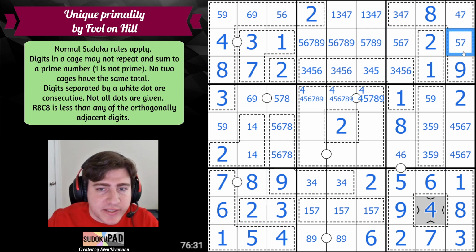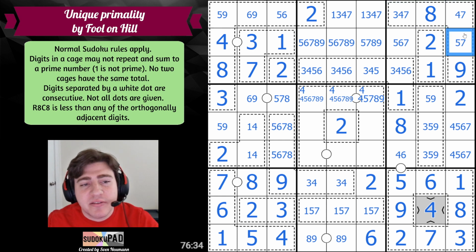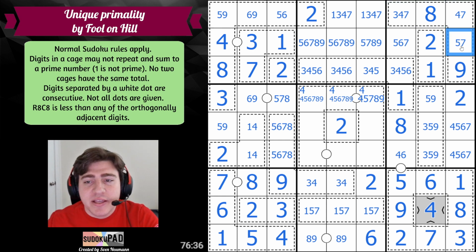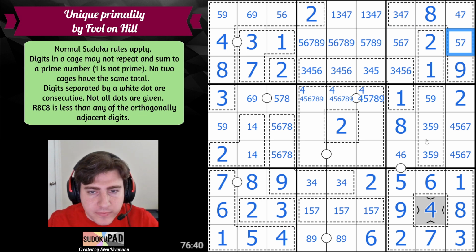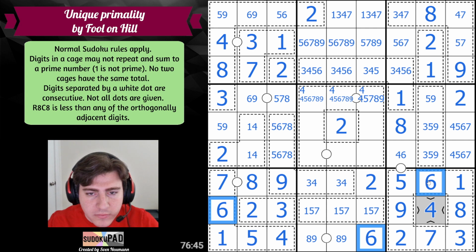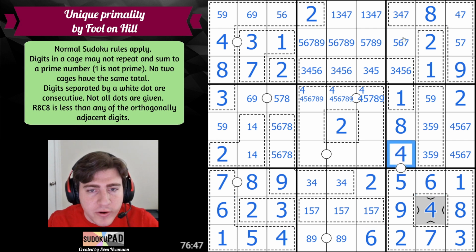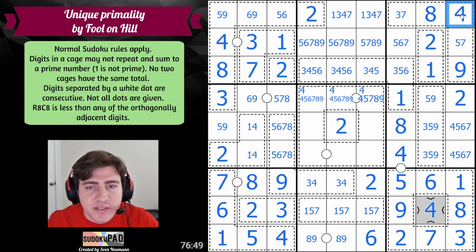I said this can't be 6. So if this can't be 6, I guess which was the easy way to think about this: could this ever have been 6? The answer is no. So this must be 4. That says this has to be 4.